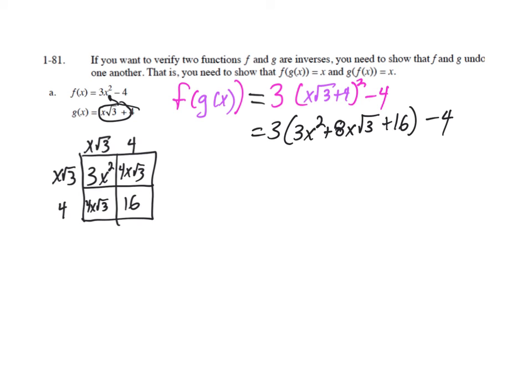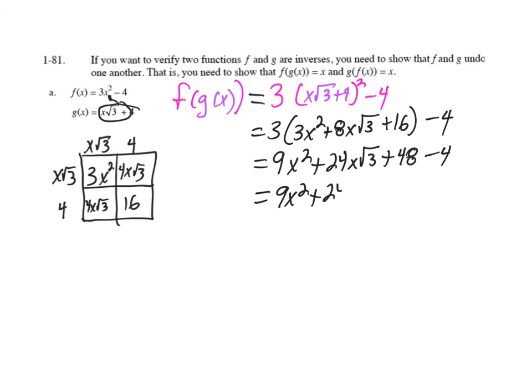So now I'm going to distribute my 3. I have 9x squared plus 24x times the square root of 3 plus 48 minus 4. This is not looking like x. That does not come out to be x.